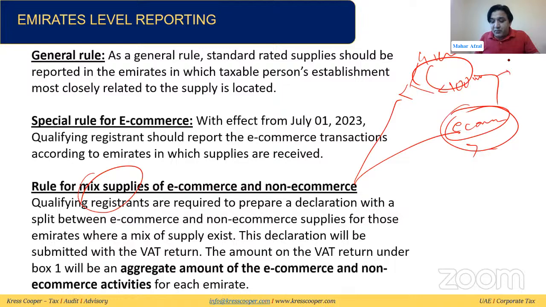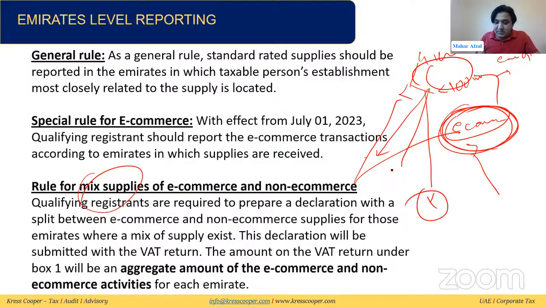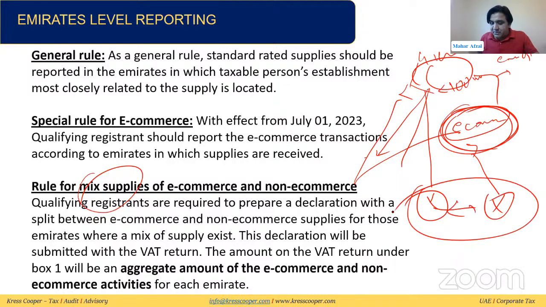After consolidating, we need to report it in the respective Emirate. So this will be where these goods and services are being received. This will be close to the fixed establishment, place of establishment, or the third category, same. If there is no fixed establishment and no place of establishment, then these both will be the same, where these goods and services are being received.